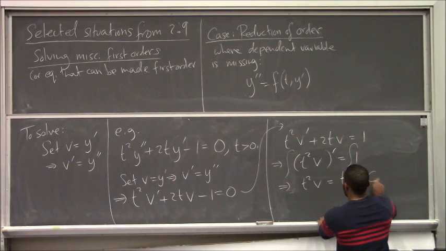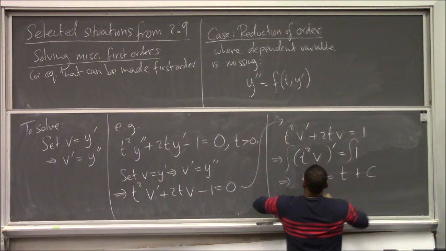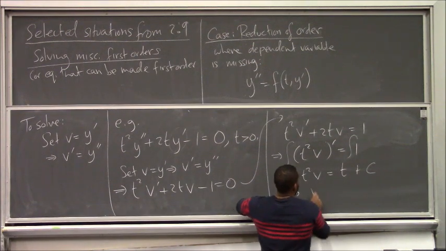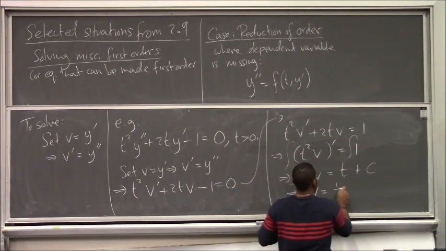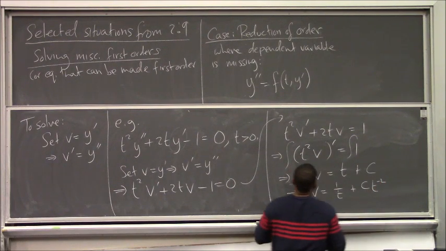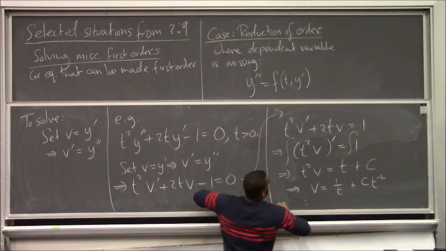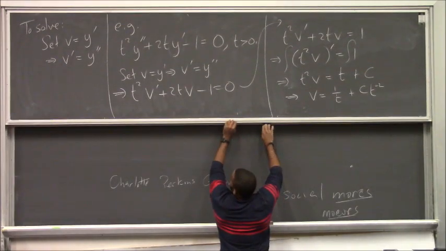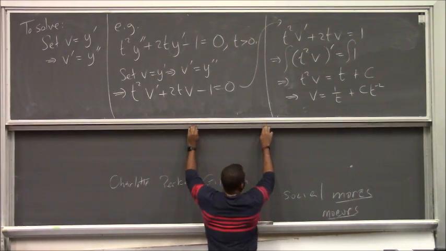t squared v equals t plus a constant. And so I can end up with v equal to 1 over t plus c t to the minus 2. And of course we have to remember that our v is actually y prime.